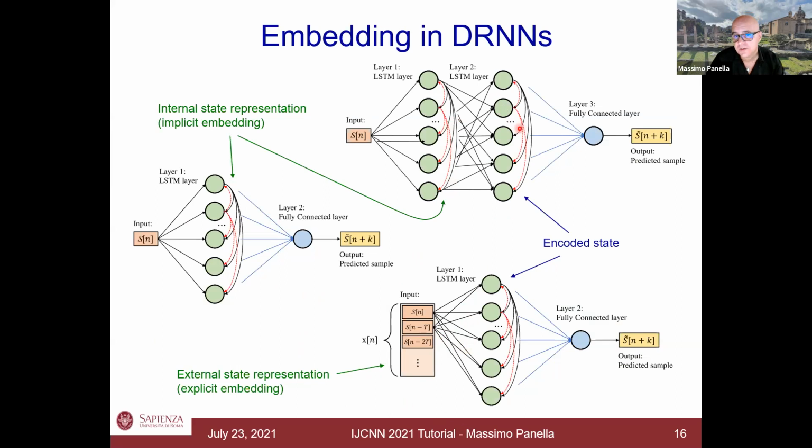If you are using, for example, two LSTM layers in an encoding-decoding, so an auto-encoding system, you can obtain the embedding at the output of the first layer, and then after the output of the second layer, there would be an encoded state. Okay, it's a problem of architecture cross-validation.